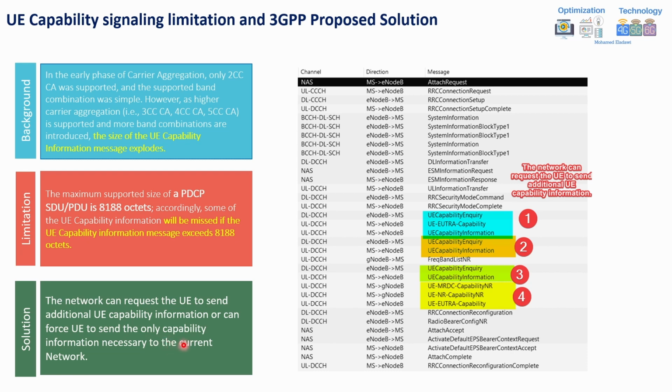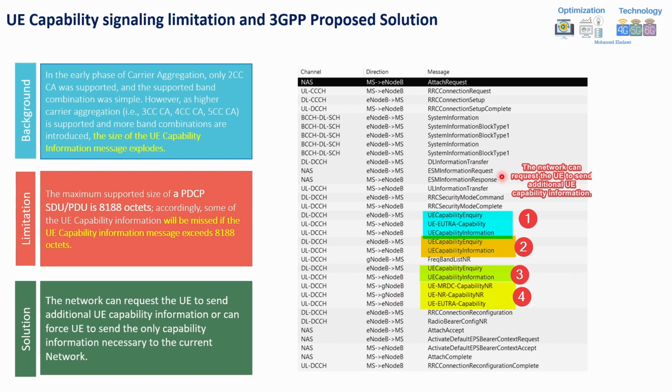I believe you can find this in different companies or different vendors. If you need to, go and review the current settings, because this should be really handled in your network to make sure that the user is really reporting all the information, especially the carrier aggregation combinations. Here is an example of the complete messages.